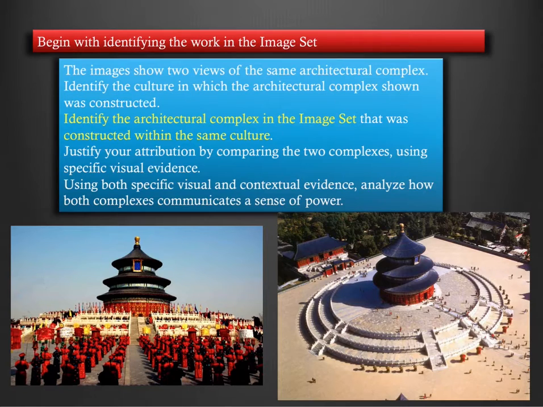Okay, the next thing that we have to do is justify the attribution by comparing the 2 complexes using specific visual evidence. So take a look again at this, and if you can pull up an image of the Forbidden City, you can look at that. What are some things that you notice that are similar about these? Why was this one easy to identify as being culturally similar to the Forbidden City?